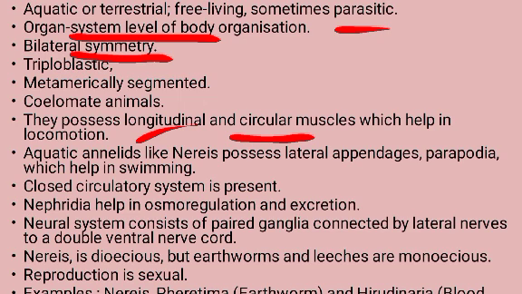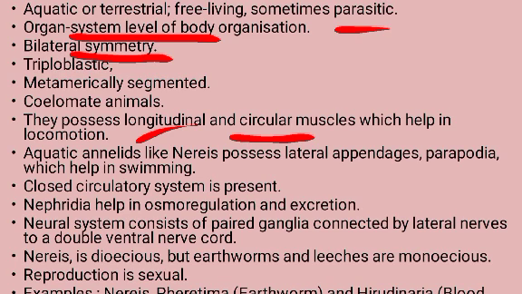You might have seen the movement of the earthworm, isn't it? By contracting and relaxing the body with the help of these muscles, they move from one place to another. What is locomotion? Locomotion means moving from one place to another. So they possess longitudinal and circular muscles which help them in locomotion.